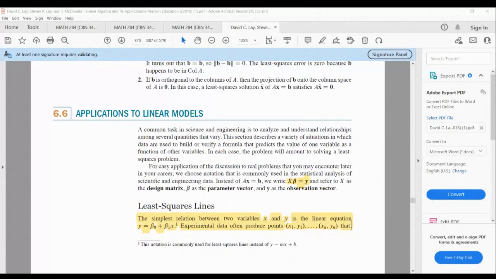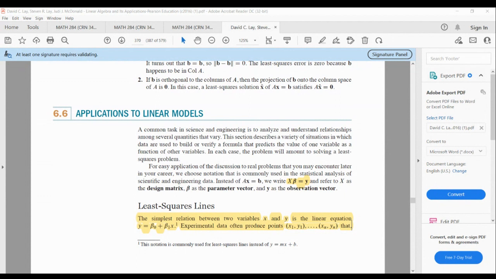You have data that has coordinates in the XY plane, and you have a scatter plot, and you try to draw a line of best fit through the scatter plot. Mikhail's seen that. Who else has seen that? The line of best fit. Good. Marcella has.